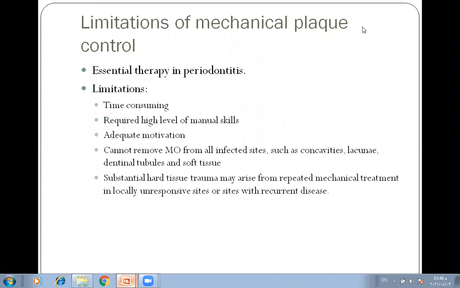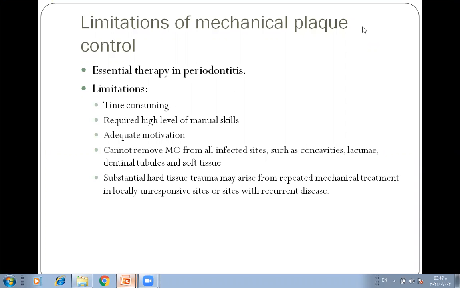Let's go back to mechanical plaque control. As we said, it is essential to remove the dental plaque and calculus mechanically by using hand instruments or power instruments. But that doesn't mean that it doesn't have any limitations. There are some limitations in mechanical plaque control.